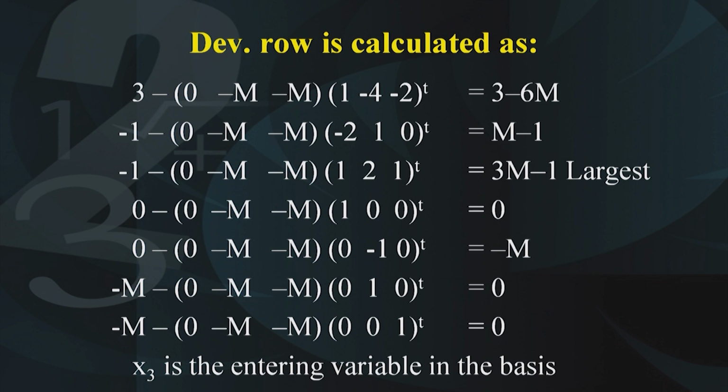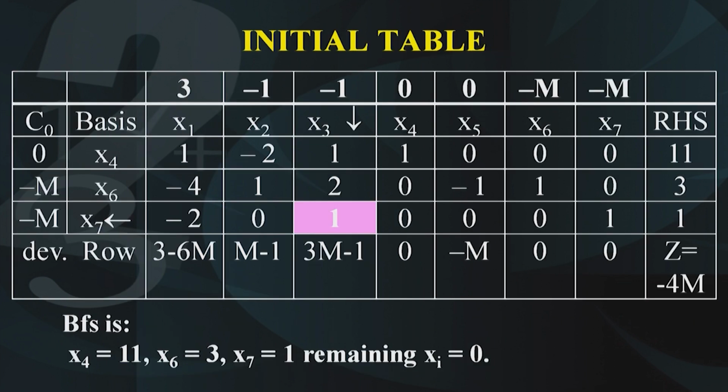Therefore, our deviation row is completed, and what is the criterion for deciding which variable should enter into the basis? We did it in the last lecture. Yes, the criterion is to look at each of these entries in the deviation row and determine the largest of them. What do we find?